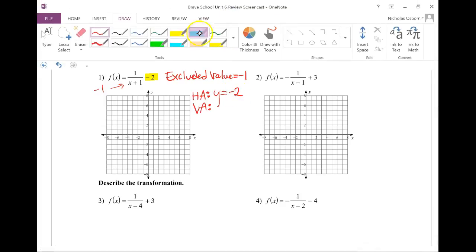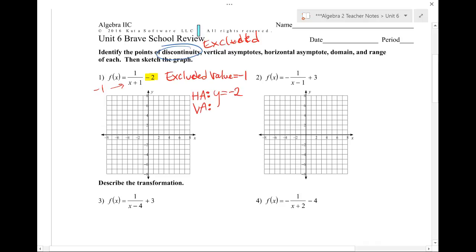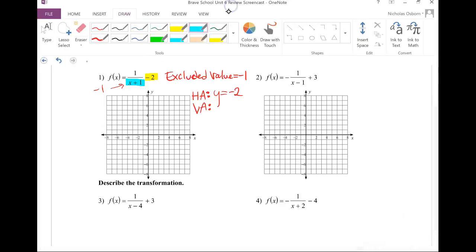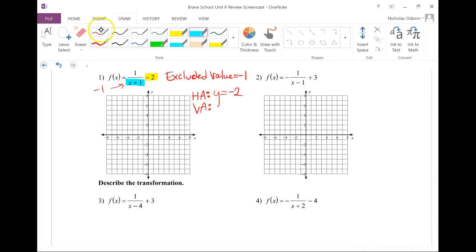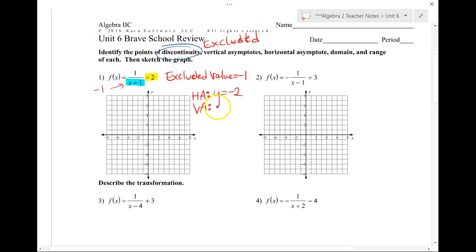The next part is going to be our vertical asymptote, the one that runs up and down. That would come from the denominator of our rational function. And if you remember, x is a what? X is a liar. So our vertical asymptote is x equals -1.